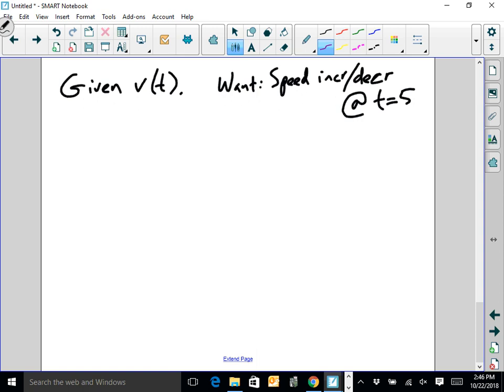So what do we need to do? Well, anytime speed is increasing or decreasing, I need to check the sign of v of t and the sign of a of t. I need to check both. So first thing I want to do is plug in v of 5.